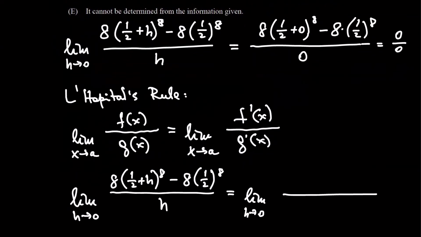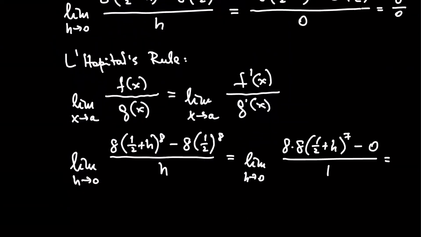In the denominator, we have 1, because the derivative of h with respect to h is just 1. In the numerator, we have the first expression is 8 times 8 (1/2 plus h) to the power 7 times the derivative of 1/2 plus h, which is just 1, minus 0, because the second expression is a constant as it relates to h.